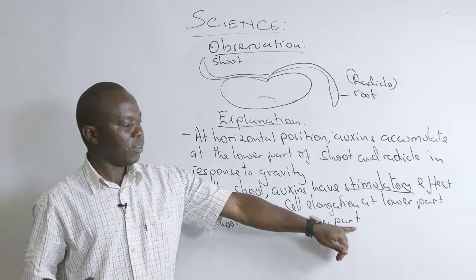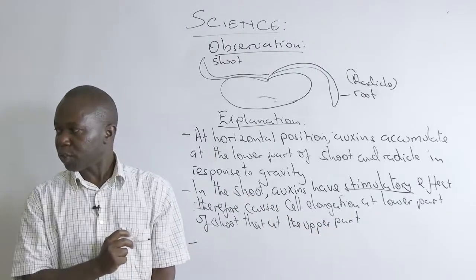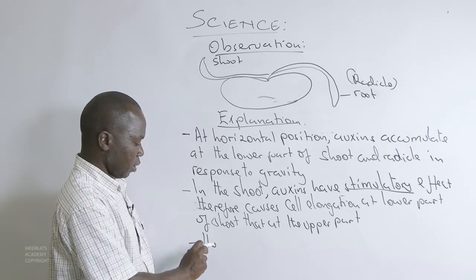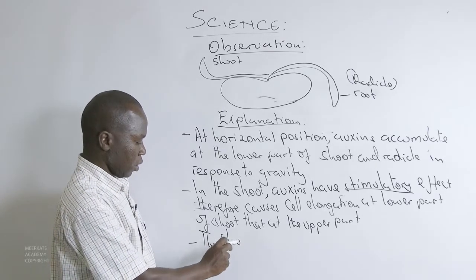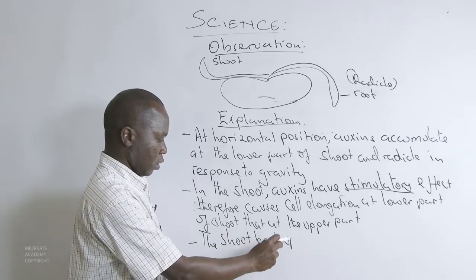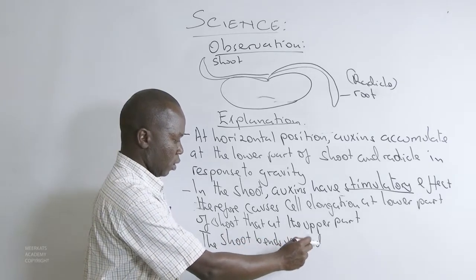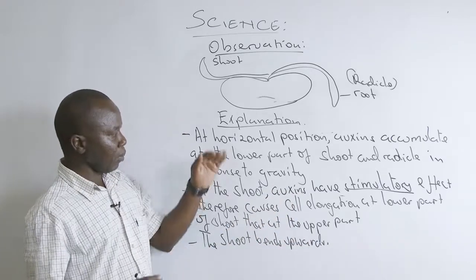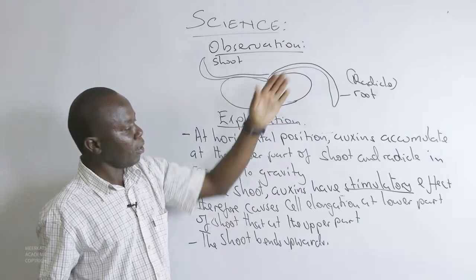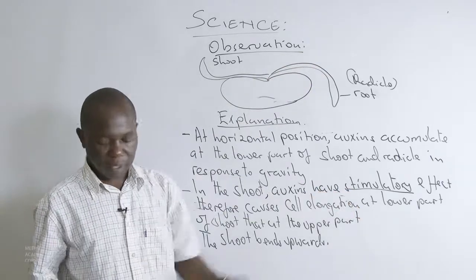So the effect of this is that the shoot bends upwards. The same is for the radical, but with an inhibitory effect.